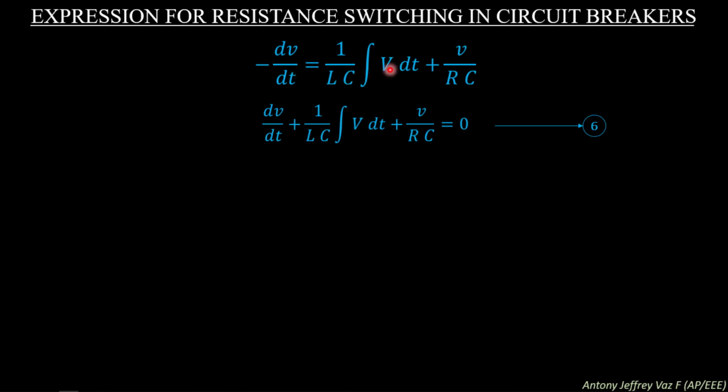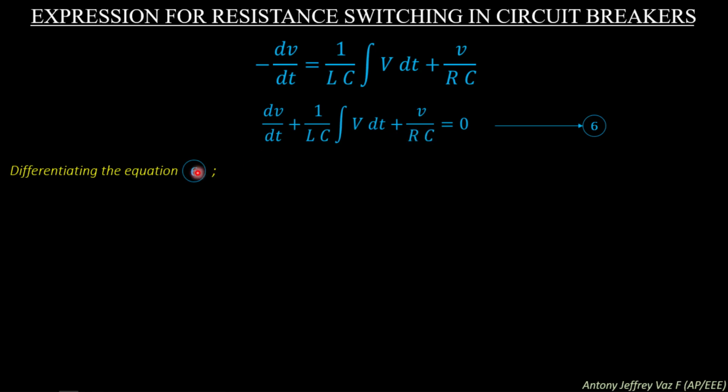We are bringing everything to the left hand side and equating it to 0, making equation 6. So we get dV by dt plus 1 by LC integration of V dt plus V by RC equal to 0.